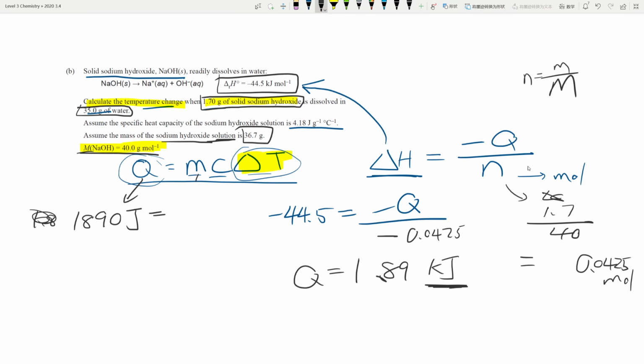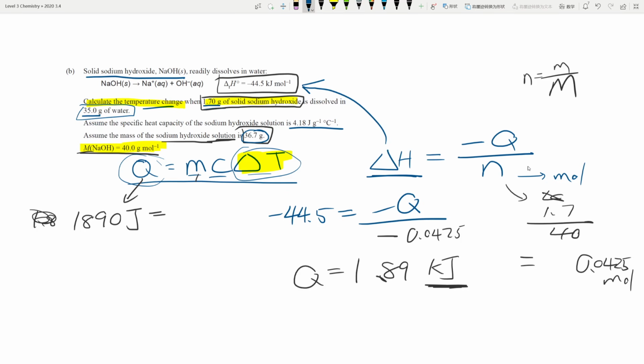The mass of water, which is right here, 35 grams. Or actually, we're not going to use that. Well, you know how I said you use your number once? They kind of did it for you. You have 1.70 grams here, you add it to 35 grams here, and they told you the solution is 36.7. They just gave you the number.